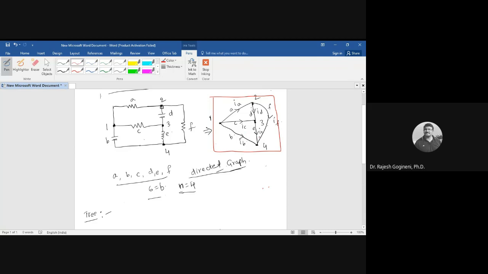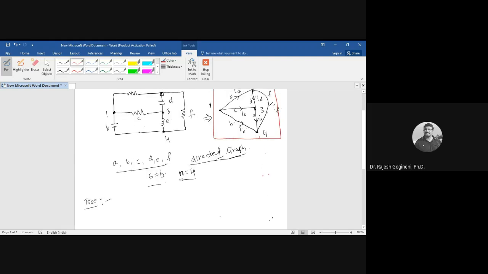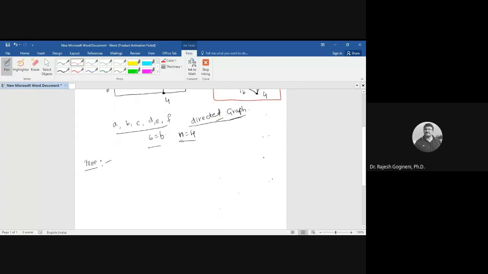So a tree must contain all the nodes present in a graph, but not the closed loops. How many nodes are there in the given network or graph? 4 nodes. 1, 2, 3, and 4.